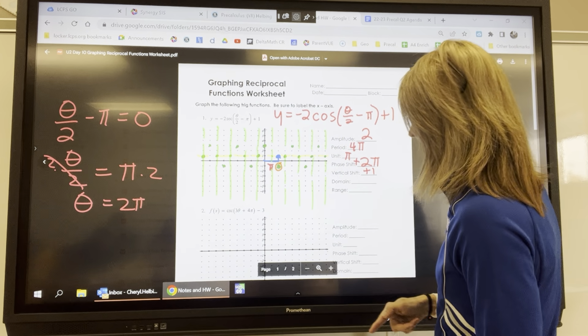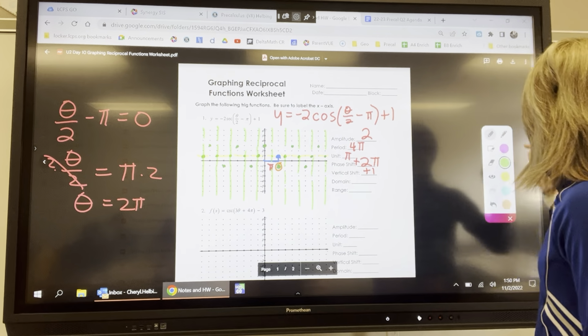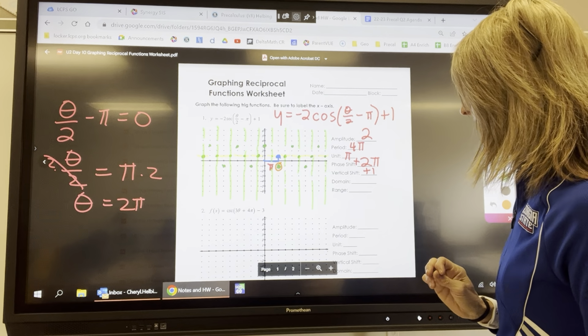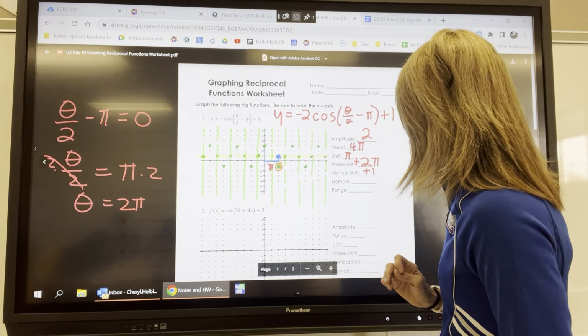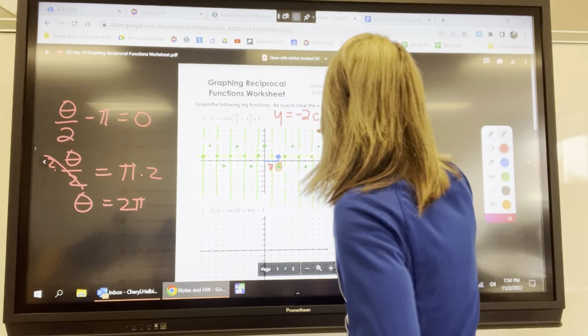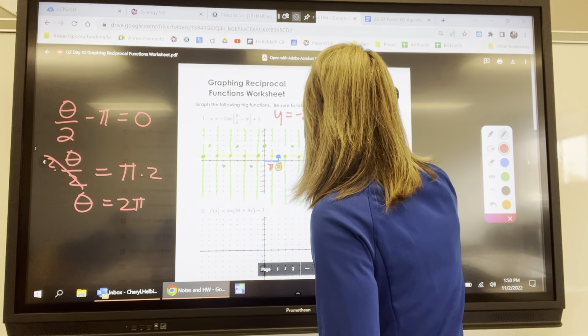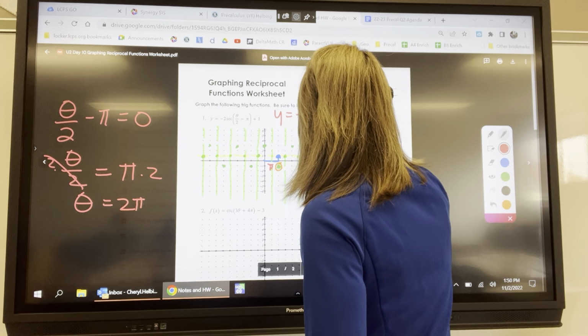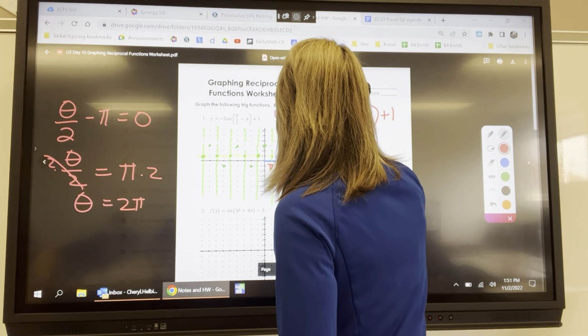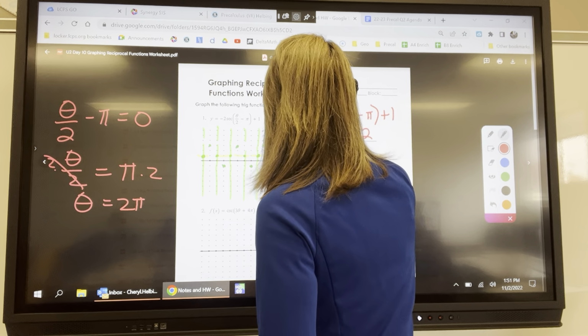Good enough. And now I'm going to use red and just have my graphs approaching the asymptotes. Beautiful.